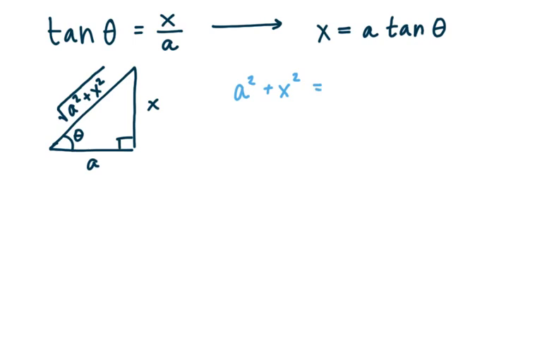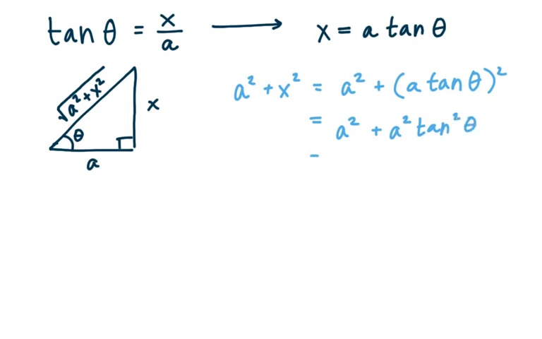Well, I can manipulate that and say, well, this is a squared plus x, which is a tangent theta, quantity squared. Distributing that square, I would have a squared plus a squared times tangent squared theta. Factoring a GCF, I have a squared times 1 plus tangent squared theta.